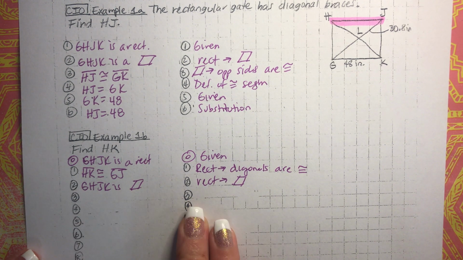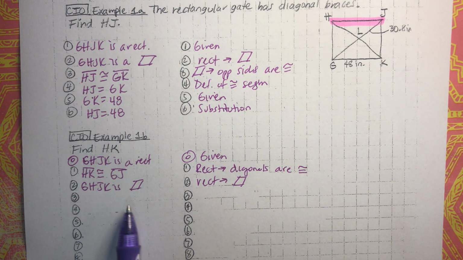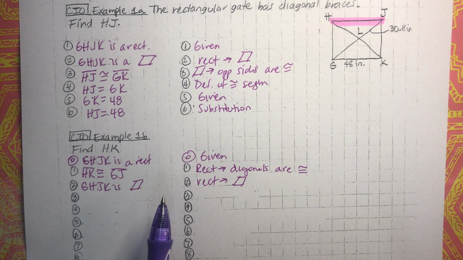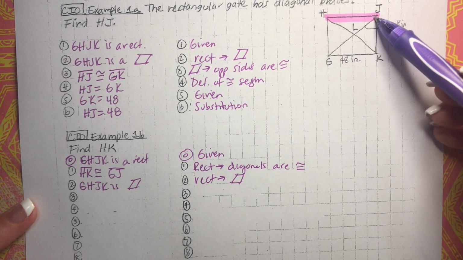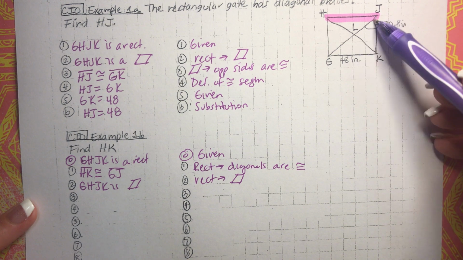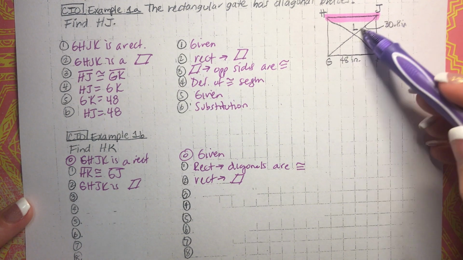So once I have that, I want to state that GHJK is a parallelogram. Then I can say that JL is equal to 1/2 of GJ, right?